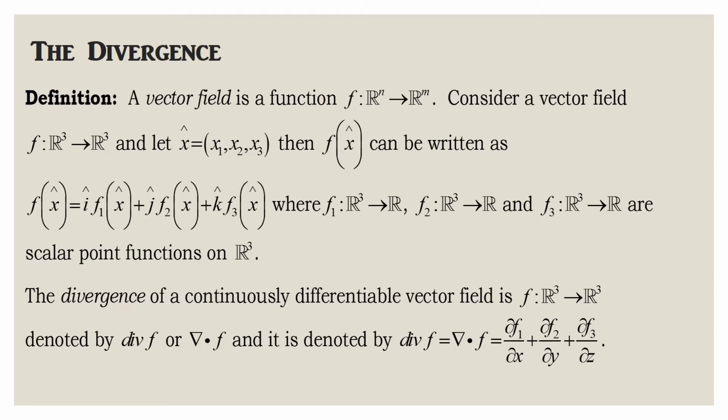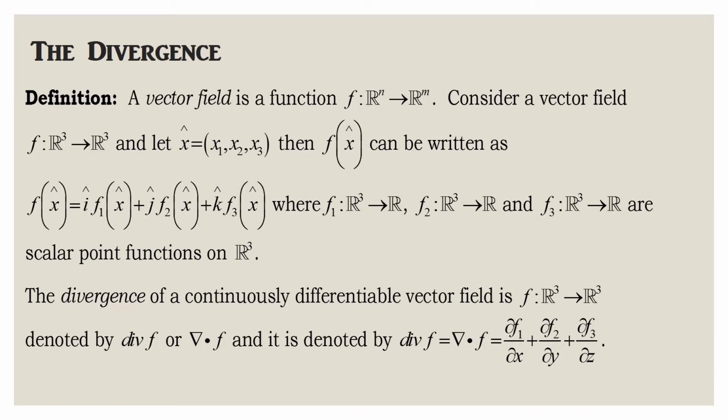Now f can be written as f equals f1 i cap plus f2 j cap plus f3 k cap. Then the divergence of the given vector field F can be denoted by the symbol div F or del dot F. It can be read as the divergence of F.